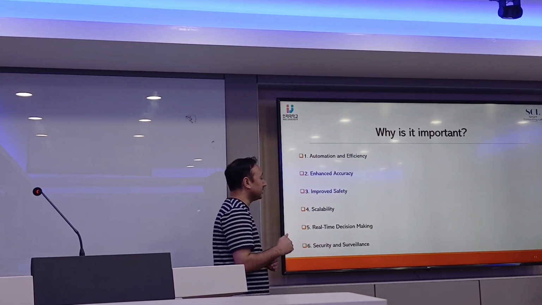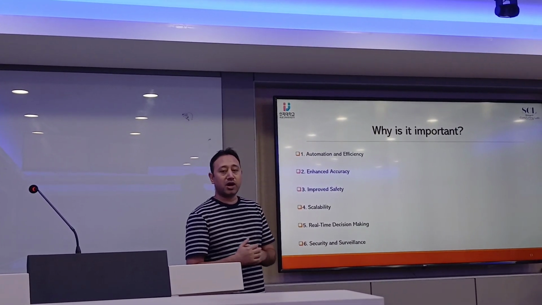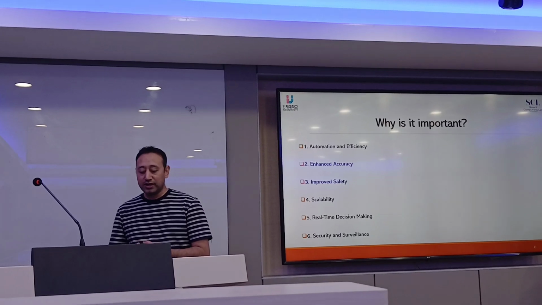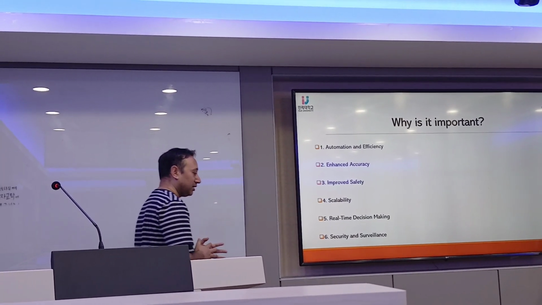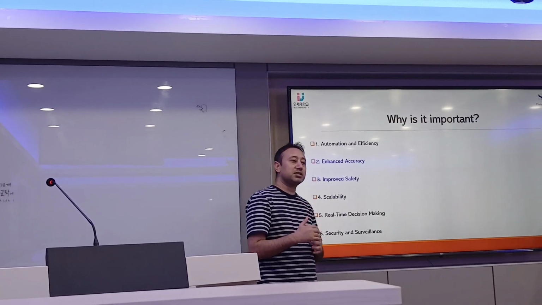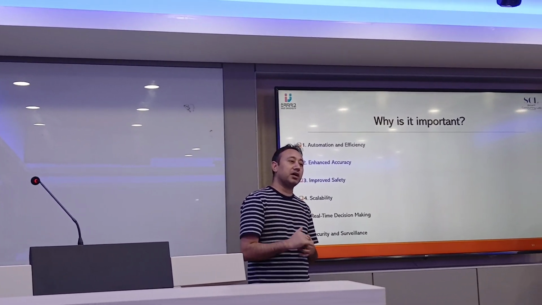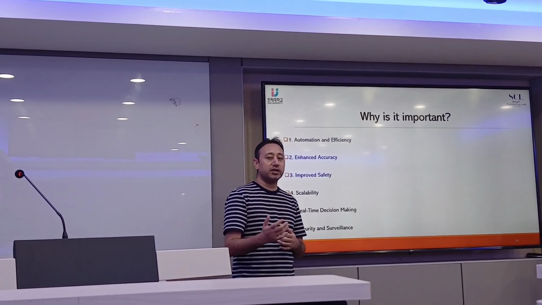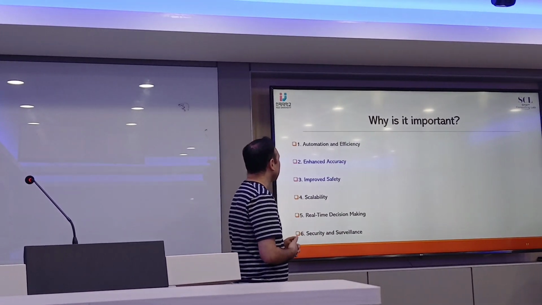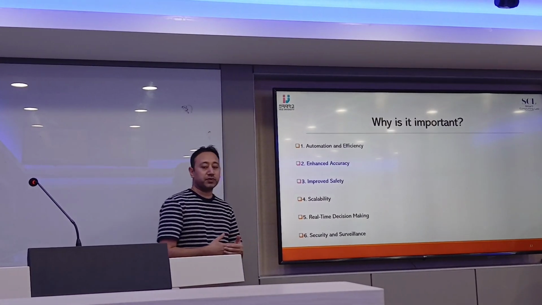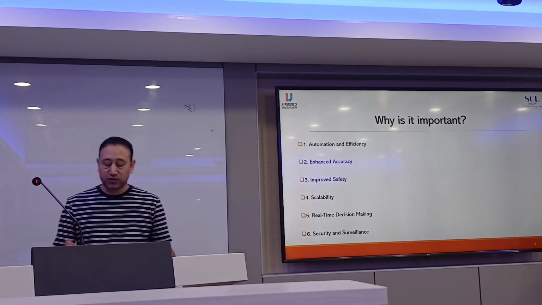It also increases efficiency. For example, if you hire a person and assign him a task to identify those objects, the efficiency will be low and the cost will be high. If you automate using computer vision algorithms, that will be better. It also enhances accuracy.